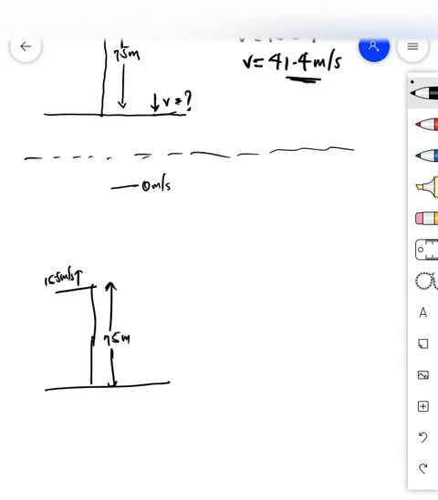Now to the last part of the question. It says, what total distance did it travel? To find the total distance, we need to find the distance from this point to the maximum height, which we call s, then the same distance all the way back down, and then from this point to the bottom, which we know is 75 meters. To find s here, we use the same formula we used in the last question: v squared equals u squared plus 2as.